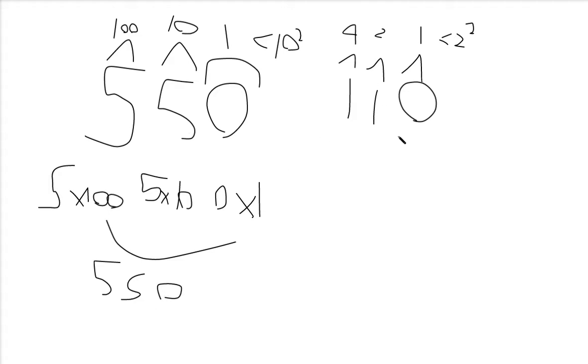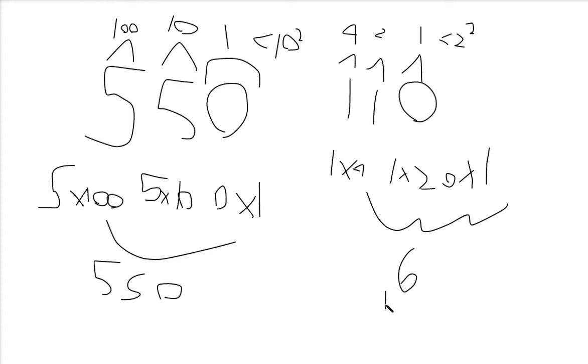Now this is 6 because there is 1 4, 1 2, and 0 ones, which add up to 6, or in binary, 110, which is still technically 6 because there aren't really separate words for binary.